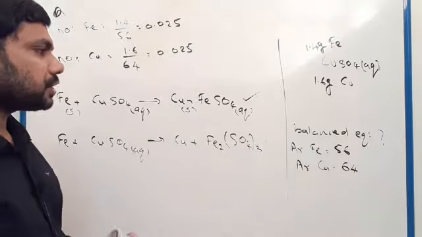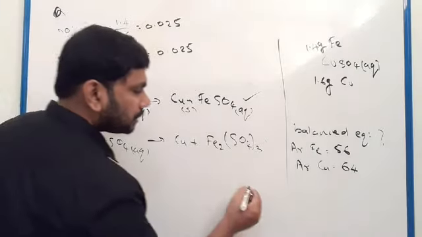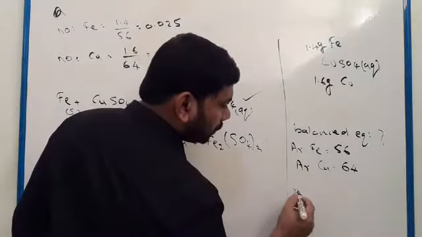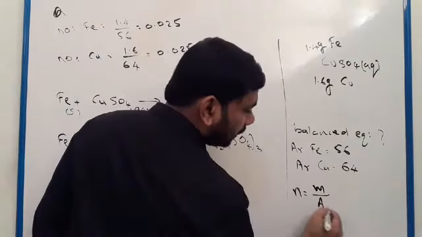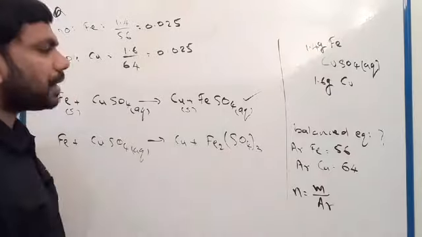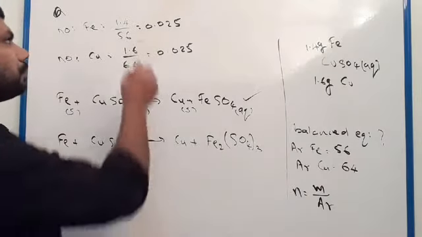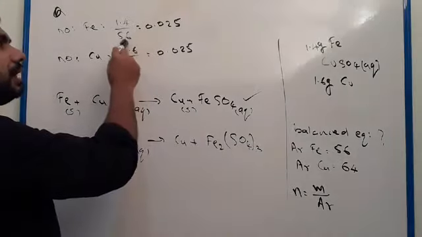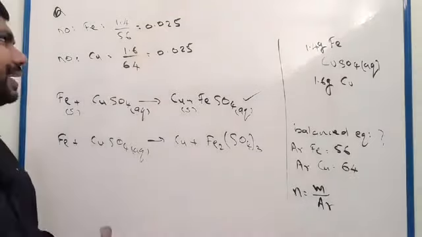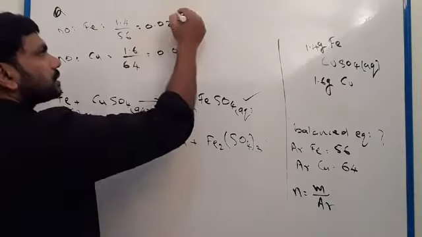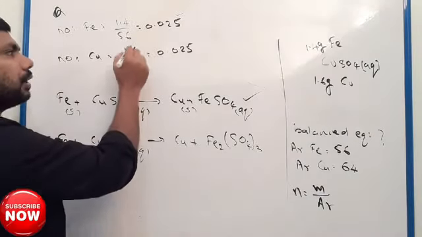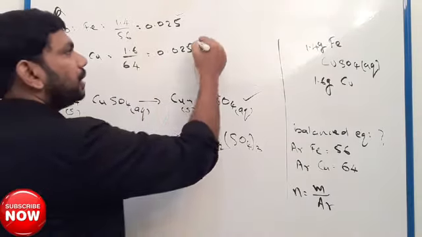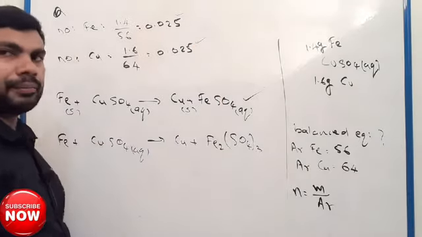You know the equation: number of moles is equal to mass divided by relative atomic mass. So for iron, mass is 1.4, relative atomic mass 56, so the number of moles is 0.025. Similarly for copper, 1.6 divided by 64 is 0.025.